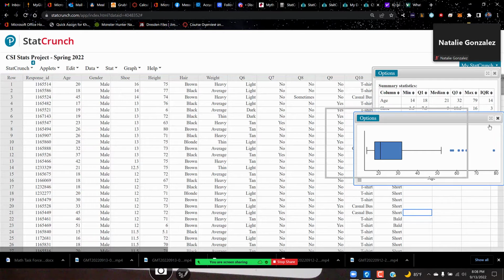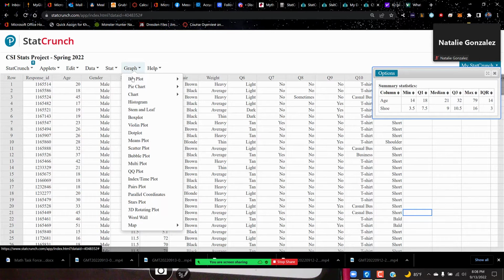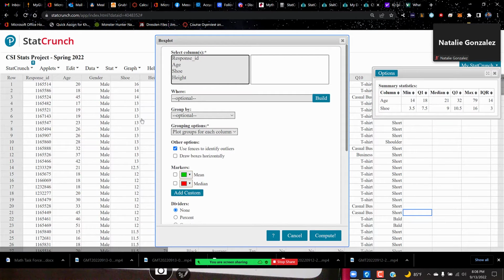Let's take a look at doing this now with our box plot. We're going to go Graph, Box Plot. We select shoe size and we make sure the options are turned on. We click compute.